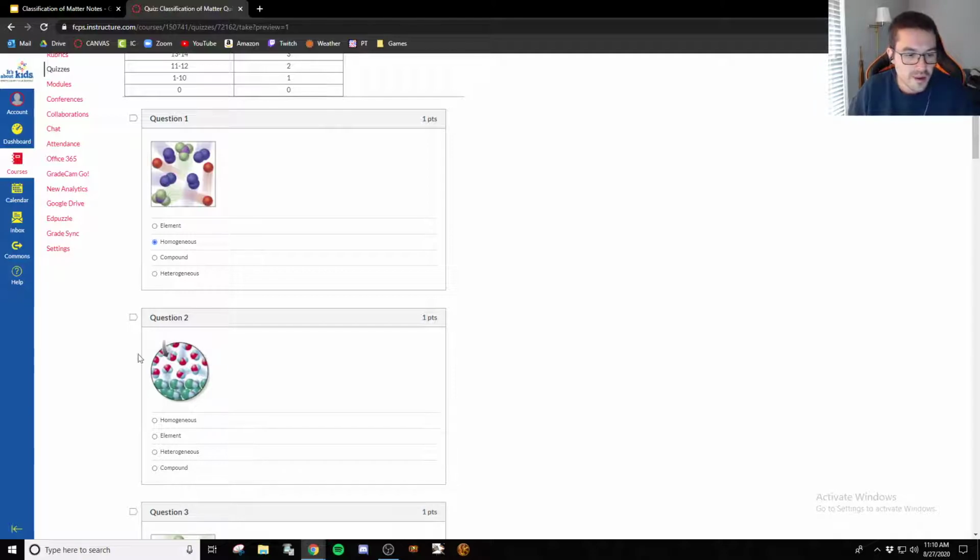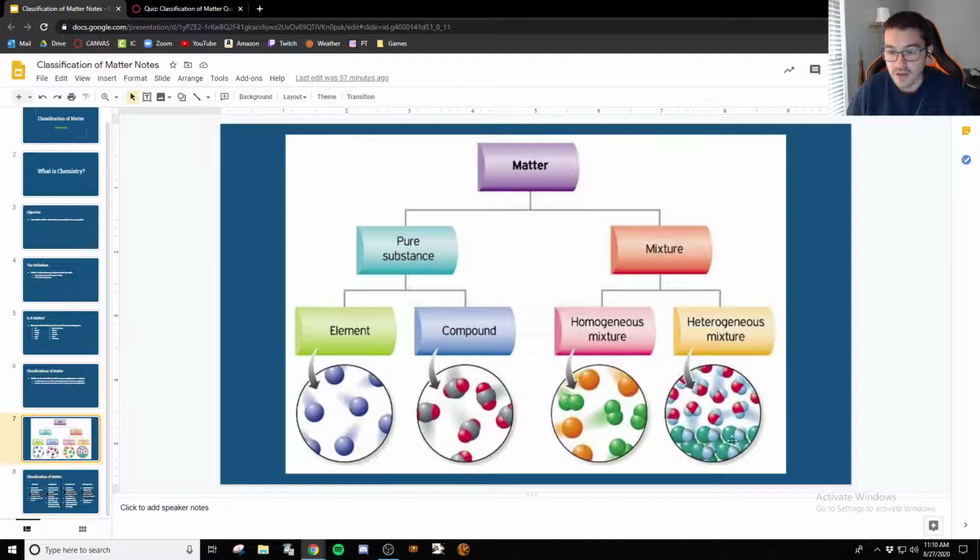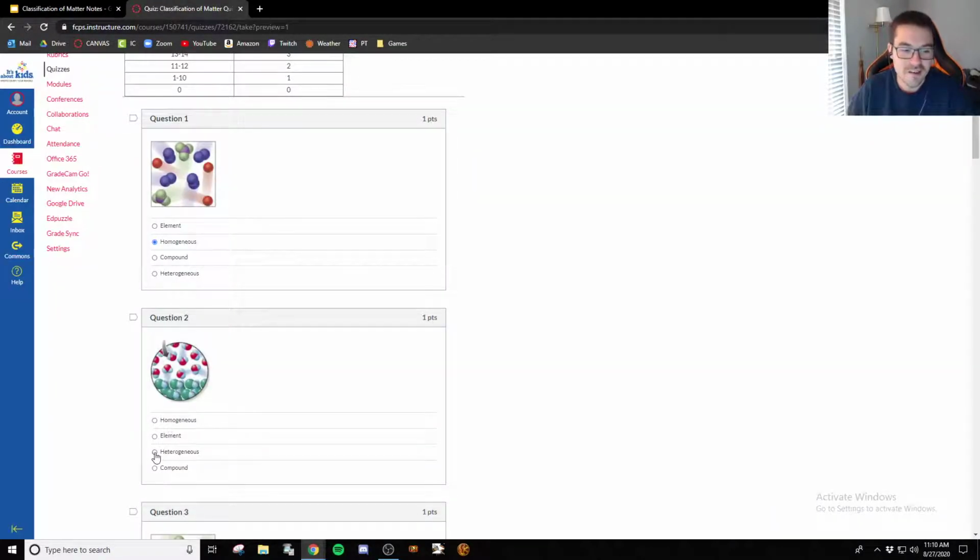Okay, down here, now this is kind of an easy one because this picture is exactly the same as this picture, all right? So this one is definitely heterogeneous. What you're looking for in a heterogeneous picture is a boundary. Okay, you see how I can take my mouse and I can sort of draw a line there to separate the 2 different groups of substances?